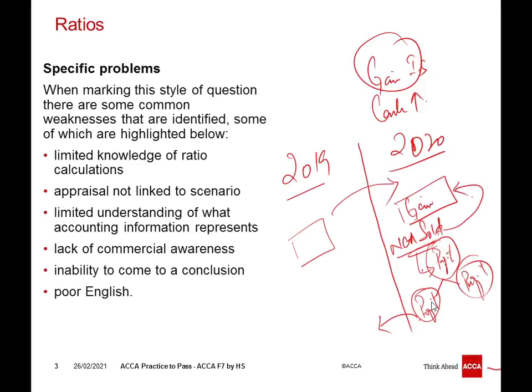So there could be any other type of hint that the examiner might give you in the examination. This part, the appraisal, is linked to the scenario. The students just ignore the one-off or different hints given in the examination.